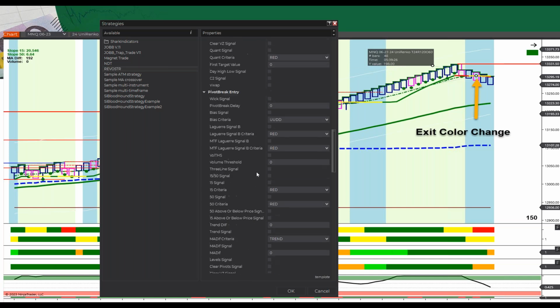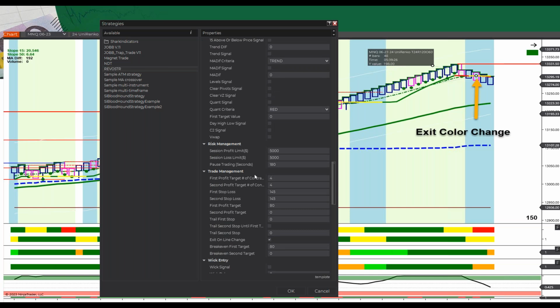Then you can set it to turn on and off whenever you want. It has built-in money management. We have lots of people that still work and they use this during the day. They turn it on in the morning, and we have a risk management feature in here. So what they do is they set their limit 1,000 and they set their stop 500, and they turn it on and they just leave it.